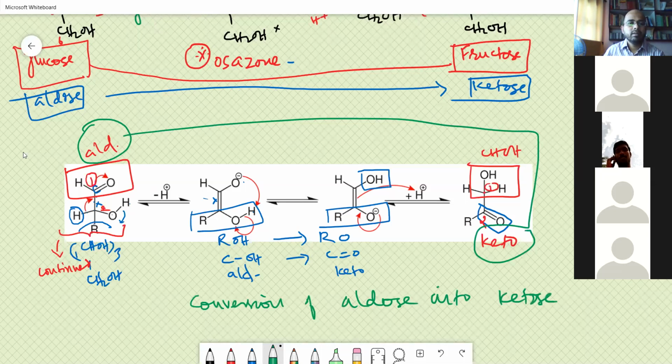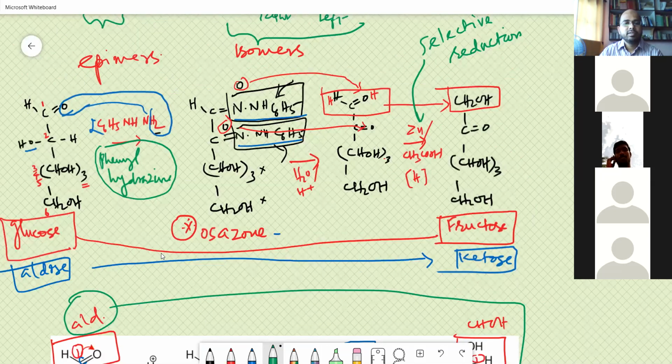How is it done? It is done by treatment of the glucose with the phenylhydrazine. First step. The second step, you hydrolyze it and you get a keto group. The third step, you selectively reduce it with zinc and acetic acid. So glucose is converted into the fructose. Okay.